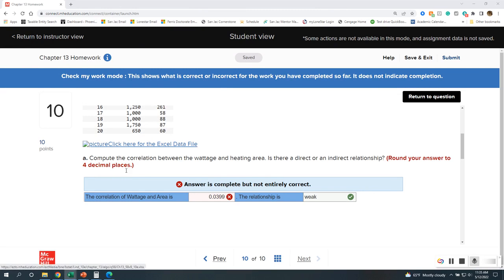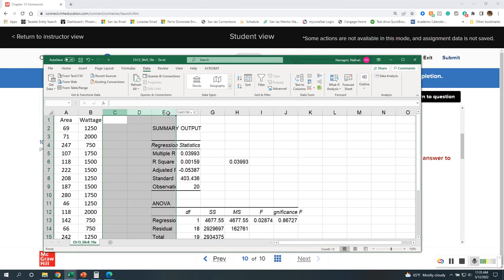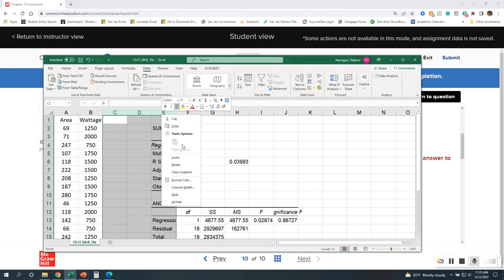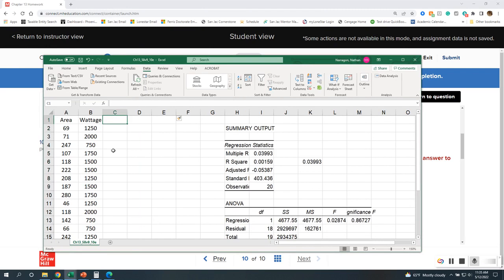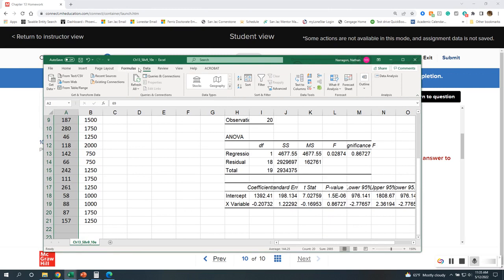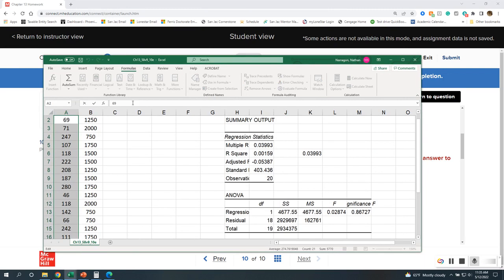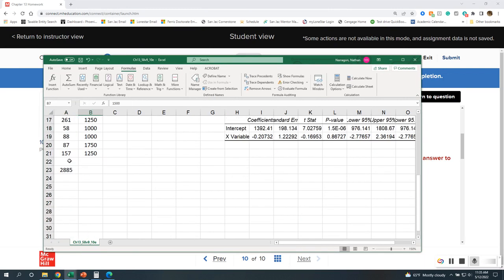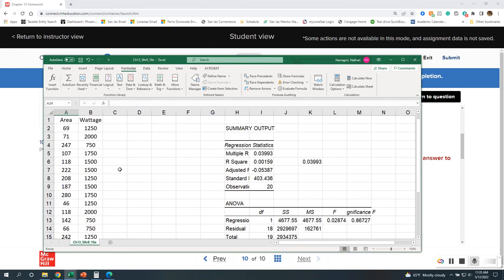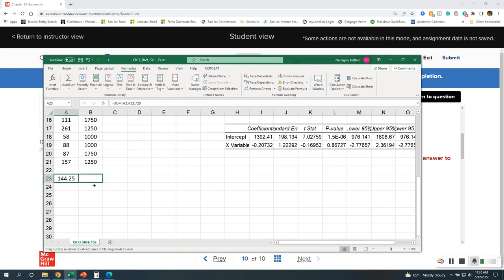So our table, we're going to insert a few columns. Alright, we need to find the sum, formula, auto sum. Divide by 20. See if we come out to the same information that we have here. Which will equal the same.